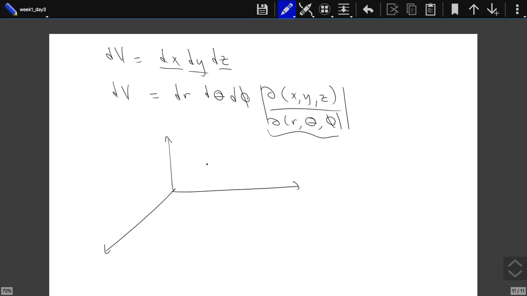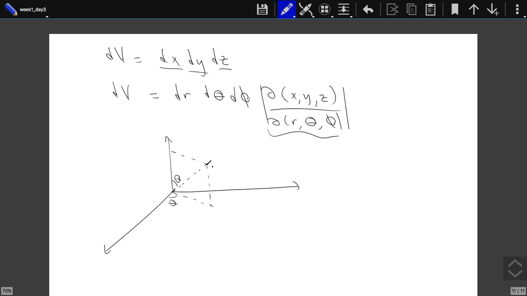Let's start from this point. Now, starting from that point, of course, we have all these. This is theta. This is phi. Now we can change the r coordinate slightly. So from that point, we come over here.